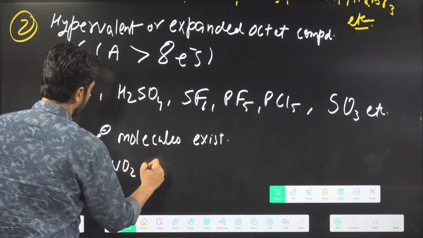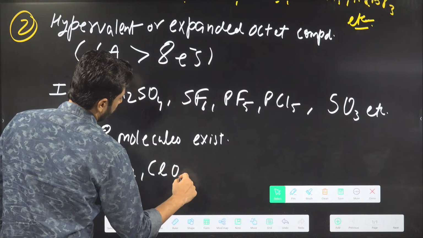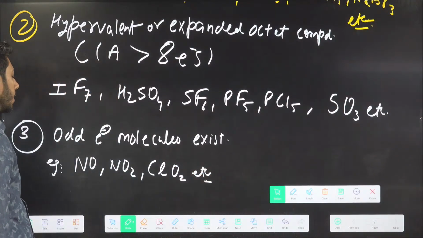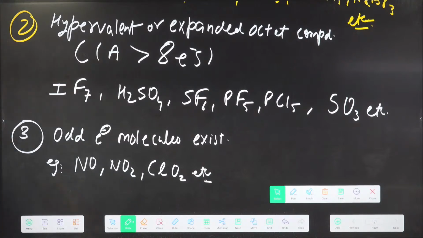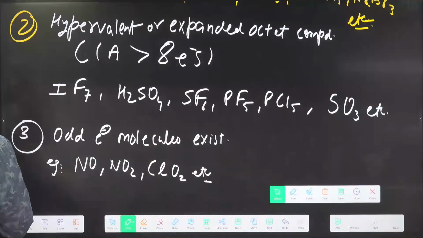NO, NO2, ClO2, O2, etc. These are the examples given in NCERT. I think only two are mentioned here; you can add one more example, ClO2 also.